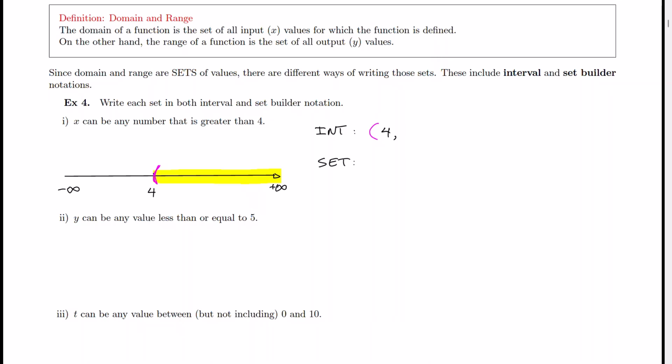Since this interval goes on forever, there is no end, so we just write plus infinity. And infinity is always going to have parentheses next to it, whether it's on the left or right. We always put parentheses there. So parentheses with 4 next to it means do not include 4 in the interval, and the end is going to be infinity. So that's the start and the end of the interval. That's basically it for interval notation.